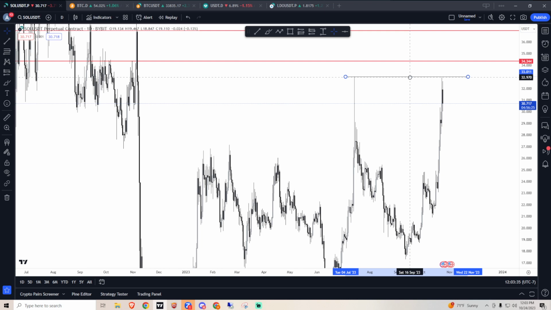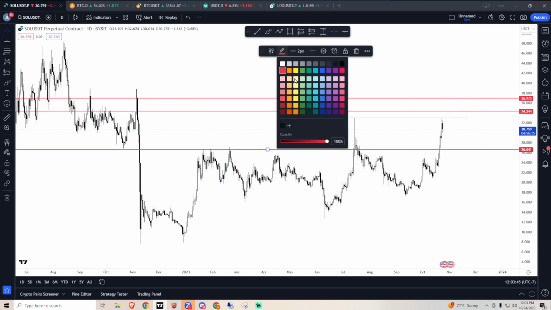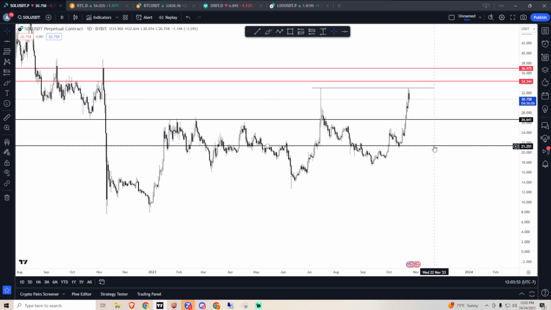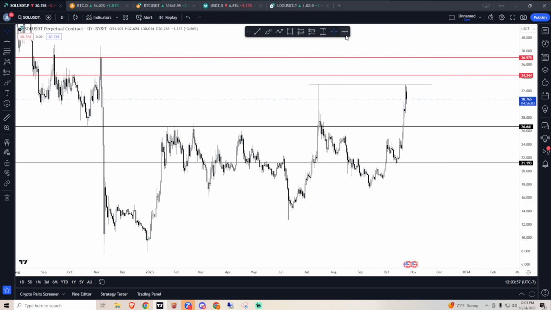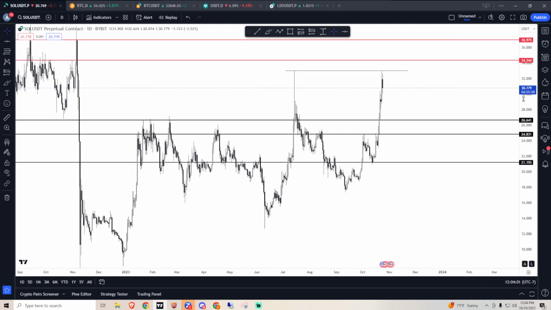No, we did not. Now we'll plot some SR points, some support down here. There's obviously more, but I'm not going to put 100 lines on my chart.